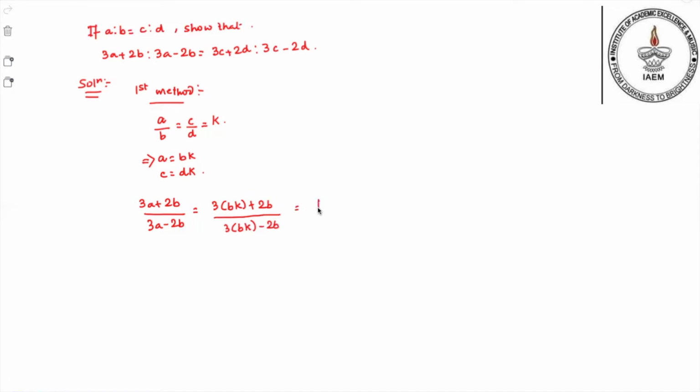So if I take B common, we'll have B(3k plus 2) by B(3k minus 2). So effectively it comes down to (3k plus 2) by (3k minus 2).